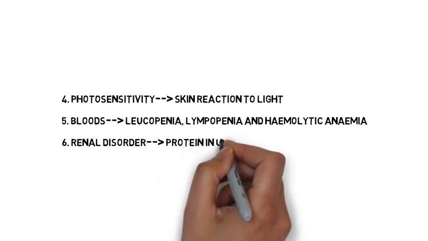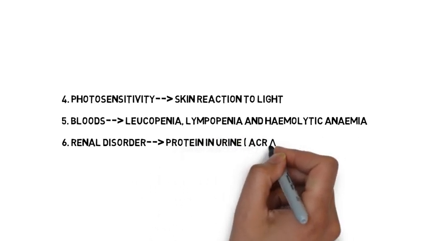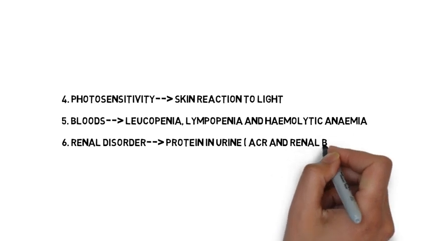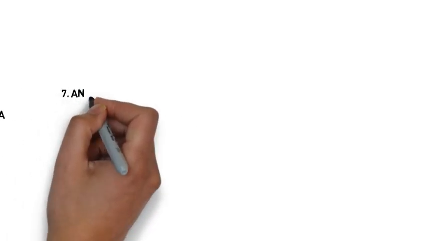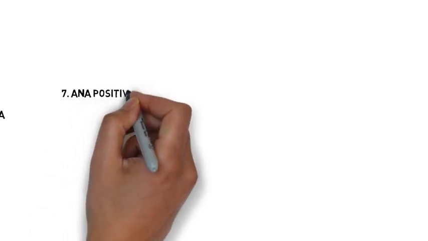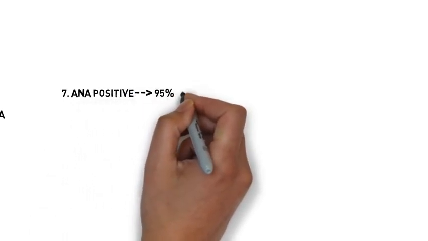The R is for renal disorder, and there may be protein in the urine. You should do a dipstick. An ACR ratio can be useful, and also a renal biopsy can come in handy.